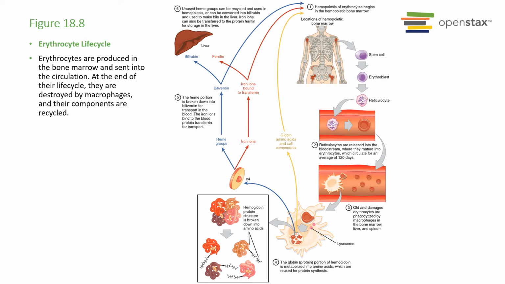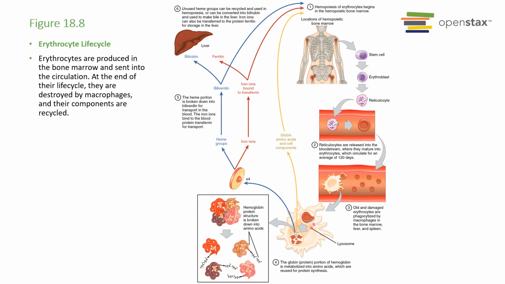Erythrocyte life cycle. So this one I do want you to know a little bit about the life cycle. So it's formed in the bone marrow. It loses its organelles, so it is not able to reproduce. Once that red blood cell is out in the bloodstream, it cannot reproduce. It doesn't have mitochondria, so it cannot use the oxygen that it's carrying, right? It can't eat the profits, right?